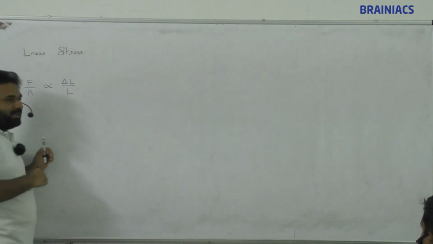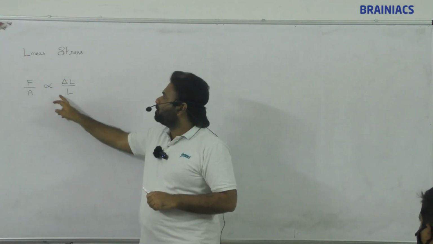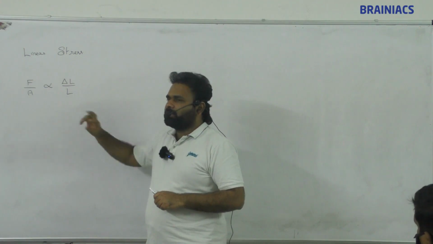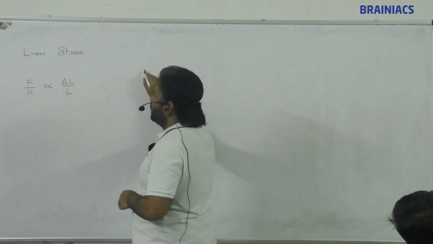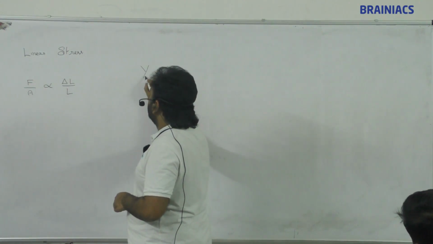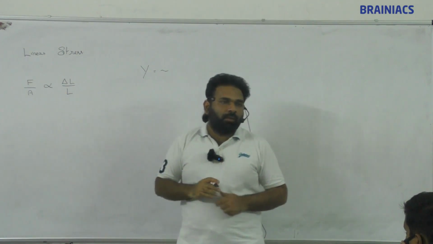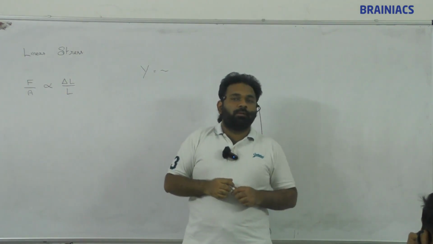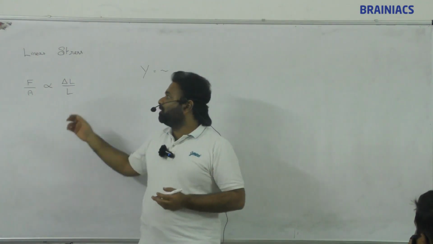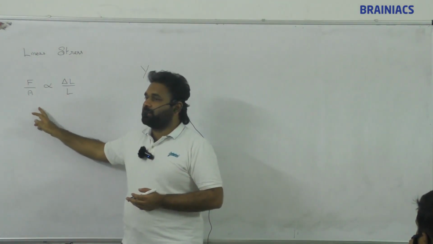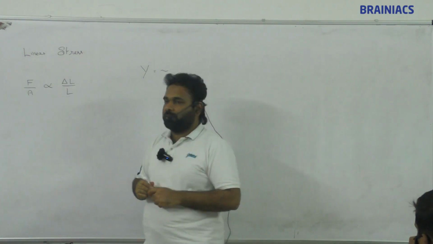Suppose I take steel. F by A is not equal to delta L by L. Some difference is there, so we found how much the difference is. We took copper, we applied stress, we observed strain, and we checked whether stress is equal to strain or not. No, some difference is there.